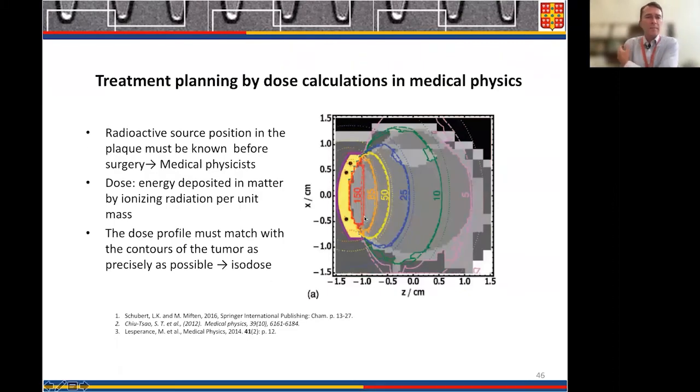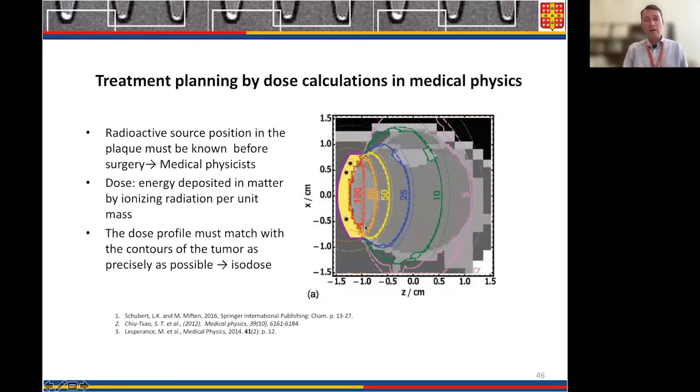One important concept in medical physics: we work for the development of a 3D printed episcleral plaque treatment. We work a lot with medical physics experts, the medical physicists in any hospital where brachytherapy or radiotherapy in general is applied. The main role of medical physicists is to calculate the dose that a radioactive element or a radioactive implant will deposit, the energy dose that will be deposited in the adjacent tumor.